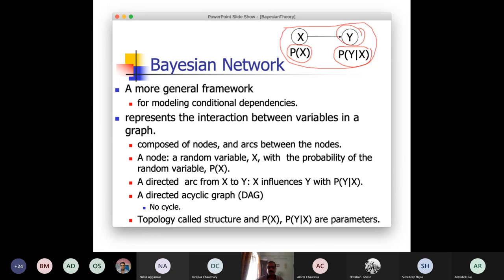So the topology, called structure, and these probability values, probability of x and probability of y given x, may be a set of values, because depending upon the number of values the random variable can assume, the number of parameters will also vary. If it is a continuous case, then of course the probability distribution has to be represented in a different form.